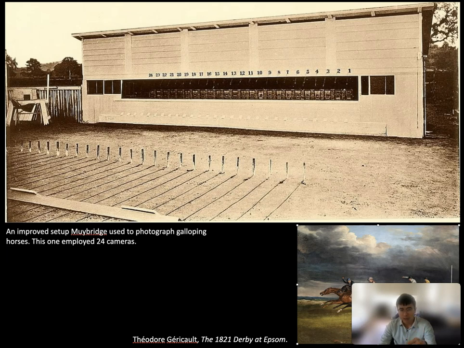And Muybridge spent a long time trying, and then came up with this way, right? As the horse is running across this lane right here, the horse's hooves trigger each wire.